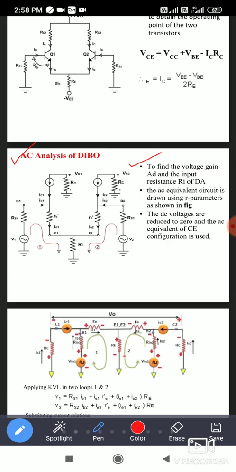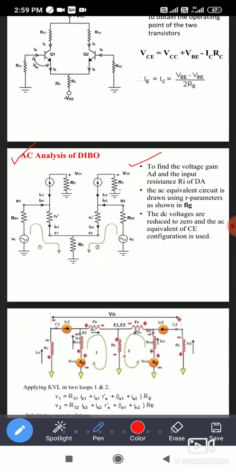Because whenever we learn any amplifier, what is the important factor? Gain. What should be the gain, what should be the input resistance, what should be the output resistance. So everything matters. Whenever we study the characteristics or specifications of an amplifier, we must know what the gain value should be. So for that we have to find the expression of voltage gain. Next, we also have to find the expression of input resistance.